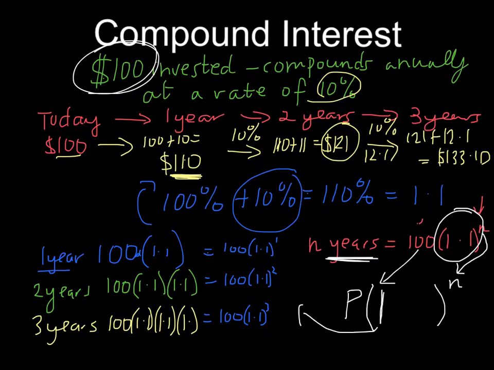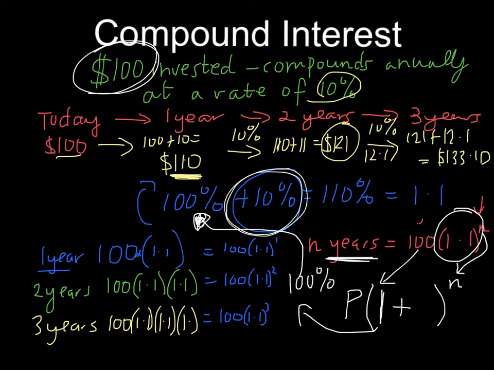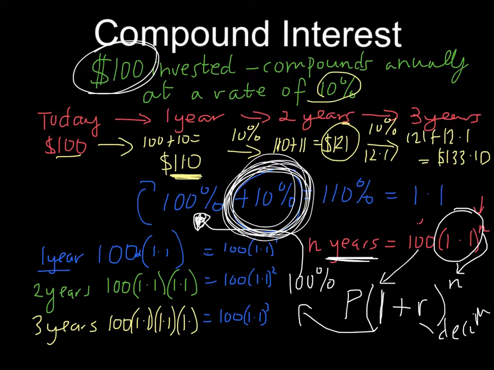That 1 represented 100%, the original amount that we're starting with for that year. The decimal that we added on was the interest rate. So we need to add on the interest rate as a decimal.